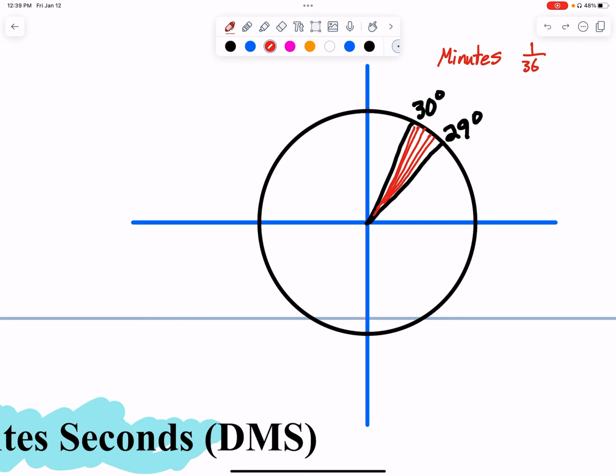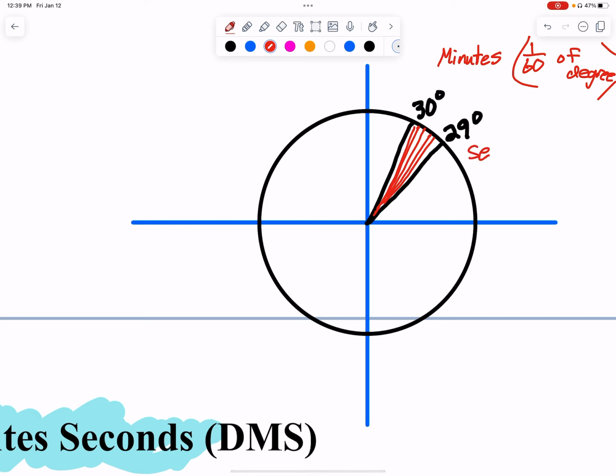Sorry, I was thinking incorrectly earlier. Meaning, we're breaking up that degree between 29 and 30. We're going to put 60 more units in between there. We're going to break it down even further.